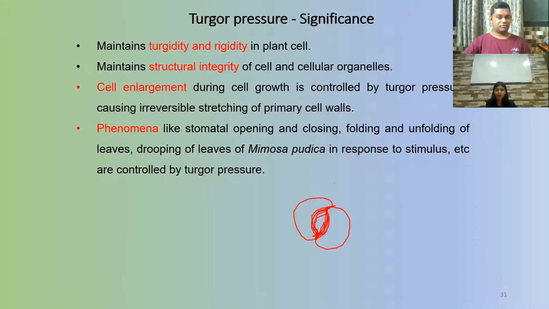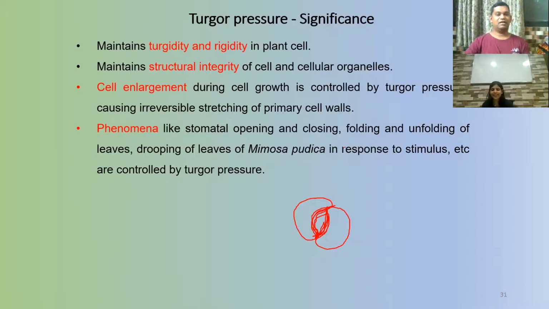This stomata has the property of opening and closing as per the requirement. So the guard cells turn turgid or flaccid, according to which the stomata opens and closes. The turgor pressure and the wall pressure inside the guard cells change accordingly so that during the night time the stomata can close, and during the daytime the stomata can open.